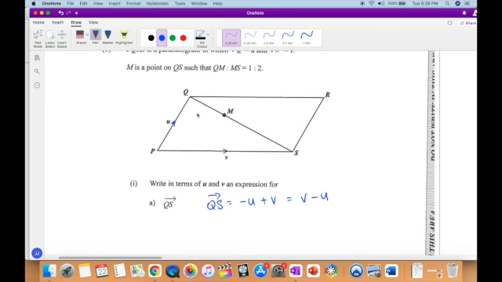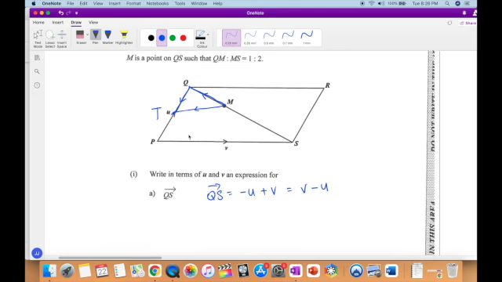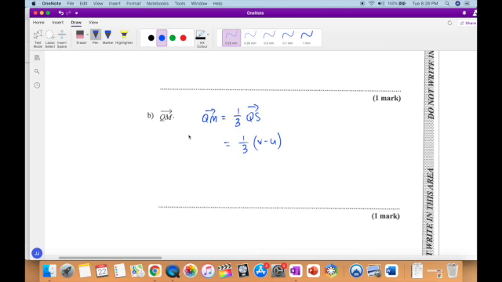If this is T, we need to find MT and show that they are scalar multiples of each other. We could even find TM really, but MT would have been MQ plus this. So we saw MQ to be, what was MQ?